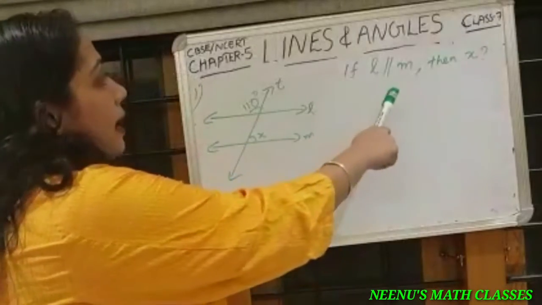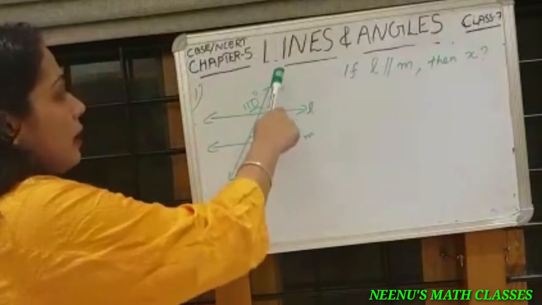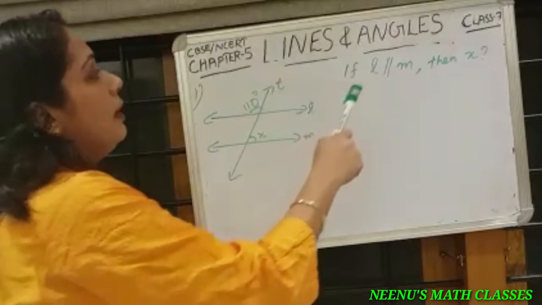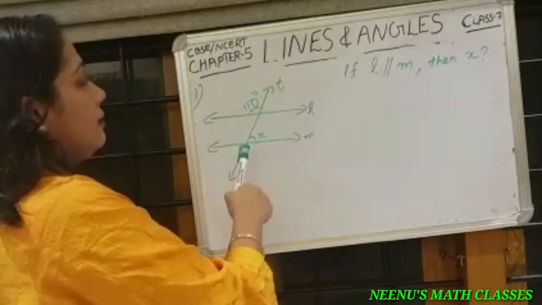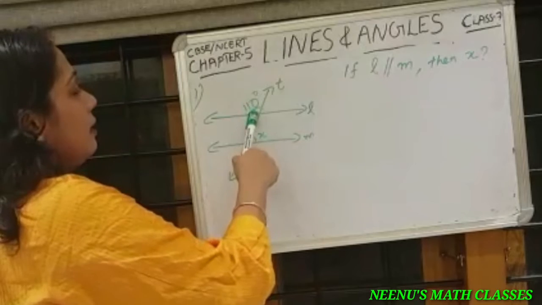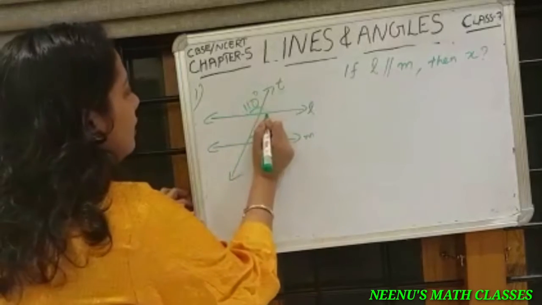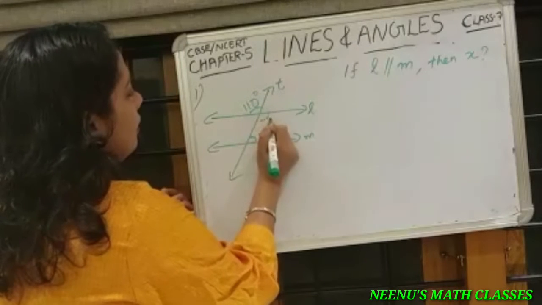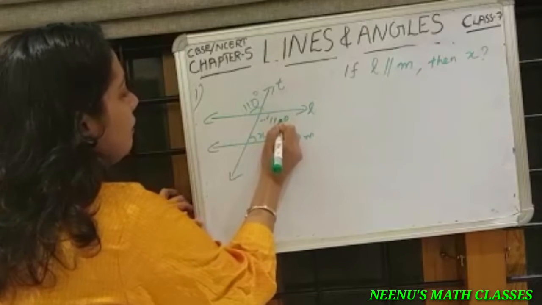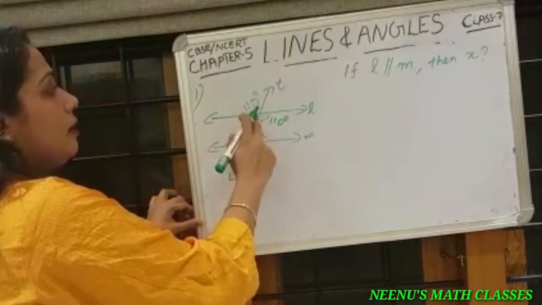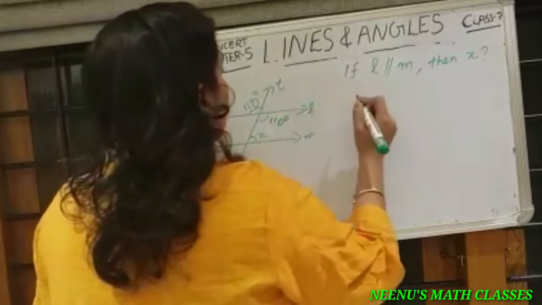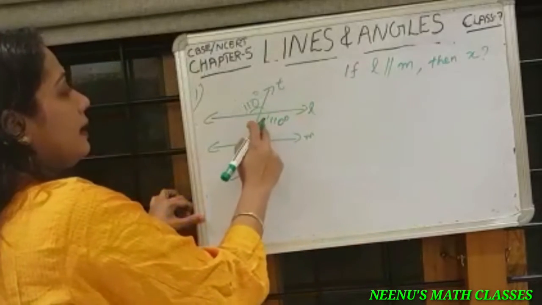Problem: if L is parallel to M, cut by a transversal T, then what is the value of X? Given that this angle is 110 degrees, what is this angle? This angle is also 110 degrees. How? This is the vertically opposite angle, so this should be 110 degrees.